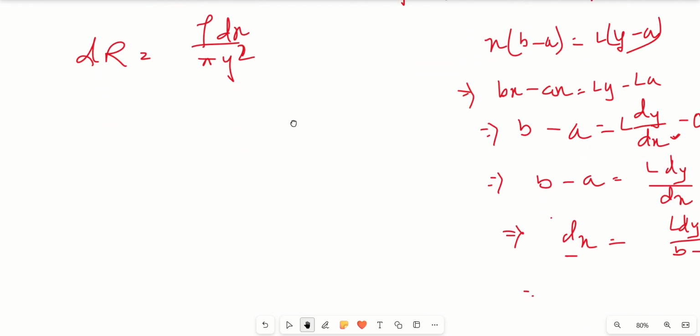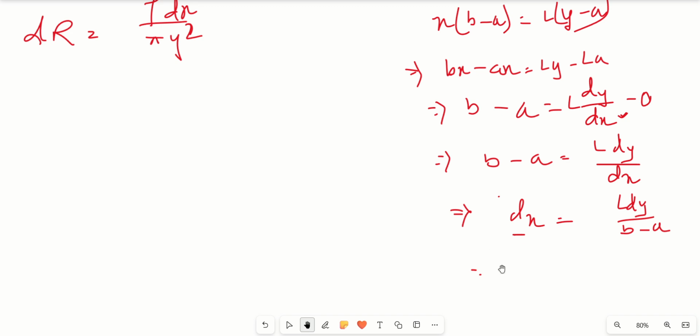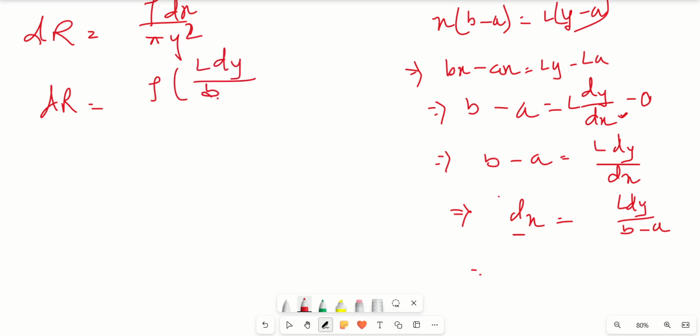Now if we put the value of dx over here, we get rho times L dy by b minus a, divided by pi y square.